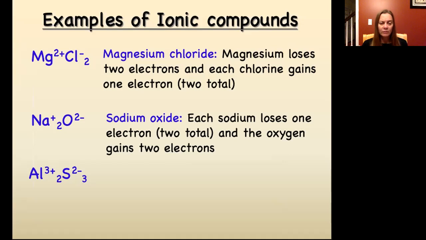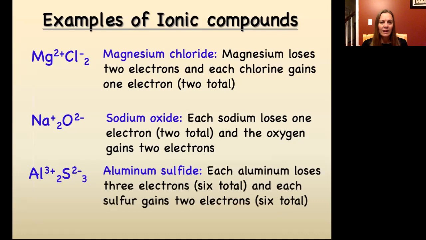Sulfur is only going to form a charge of -2. So we can't put 1 and 1, and we can't put 2 and 1. So what we have to do is we have to have 3 sulfur atoms, each gaining 2 electrons, and each aluminum is going to lose 3, so that we have a total of 6 lost and 6 gained.